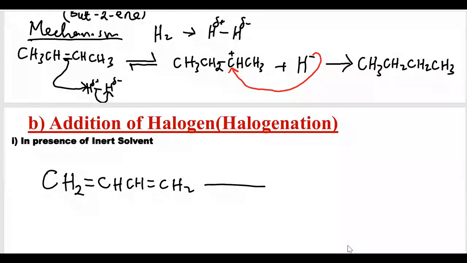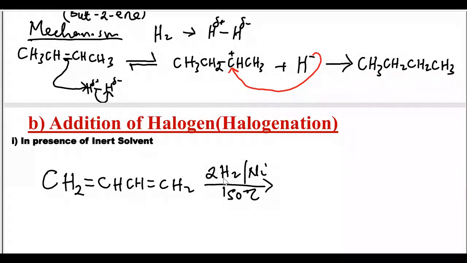Now, since there are 2 double bonds, meaning we are going to need 2 moles of hydrogen, maybe in presence of nickel catalyst at 150 degrees Celsius. There will be 2 moles of hydrogen, because 1 mole of hydrogen will be taken by 1 bond here, then the other one will be taken by this one. I believe we are good to go.